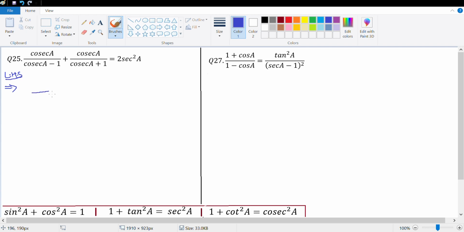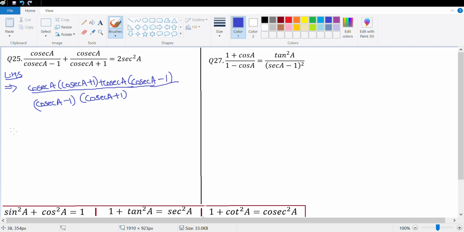So when I take the LCM, I get cosec A minus 1 multiplied with cosec A plus 1. That's my LCM. And the numerator of the first term will be cosec A multiplied with cosec A plus 1. And the second term would be cosec A multiplied with cosec A minus 1.